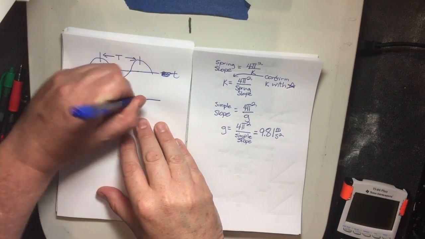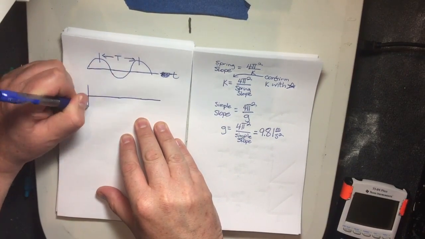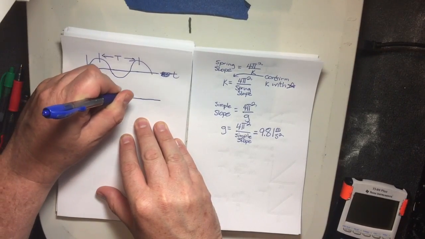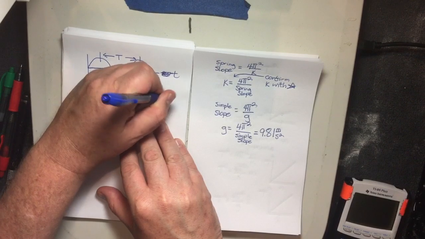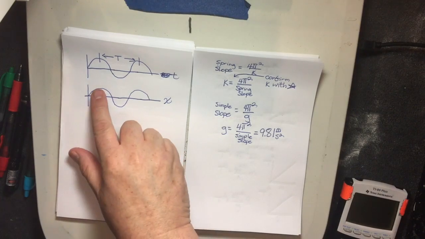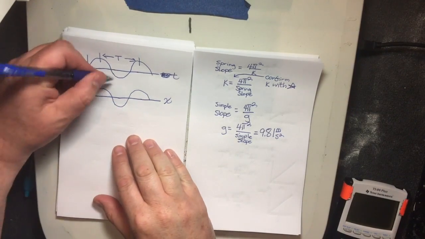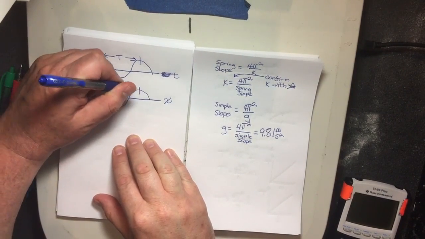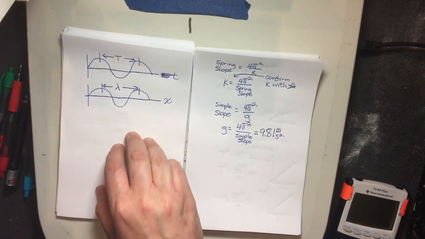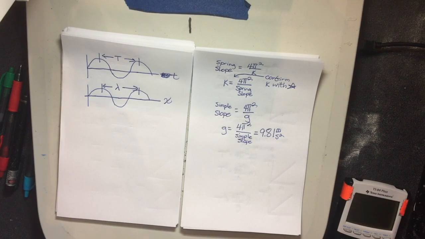But if you were physically looking at the waves as a function of position, if you had waves going and you froze time and looked at the waves, you would still have peaks and valleys, but this distance here is now known as lambda, the wavelength.